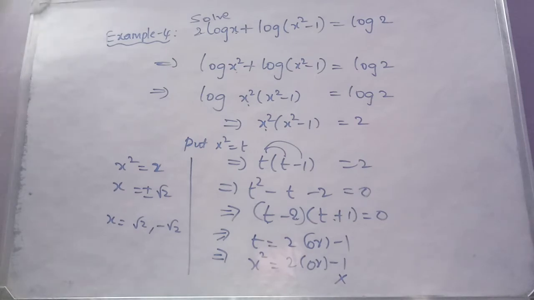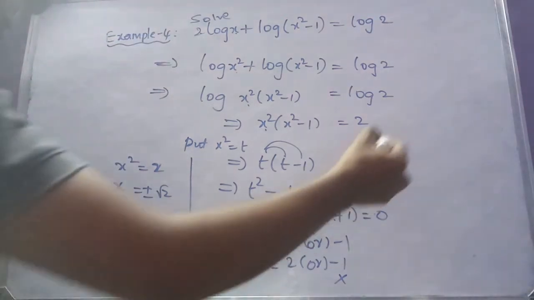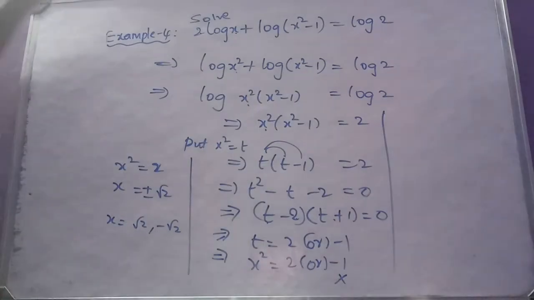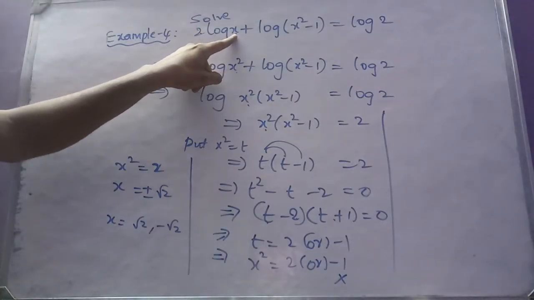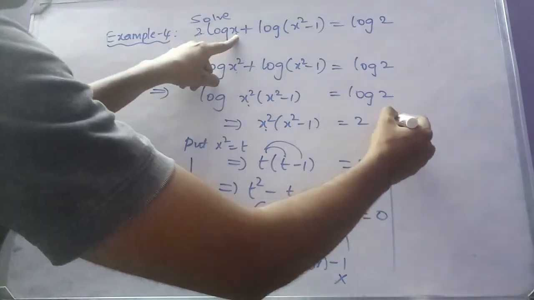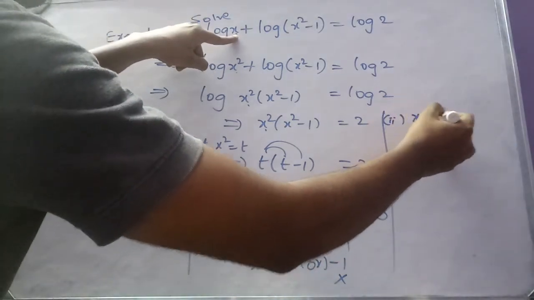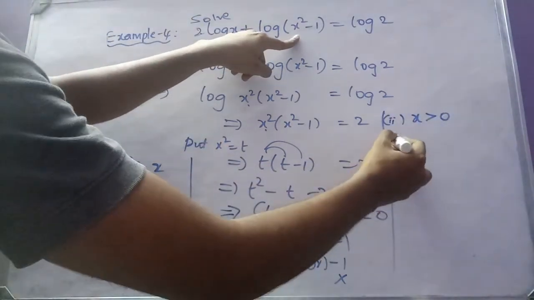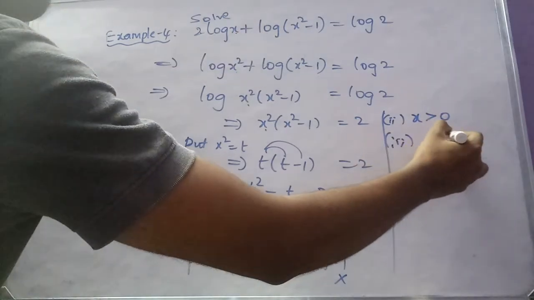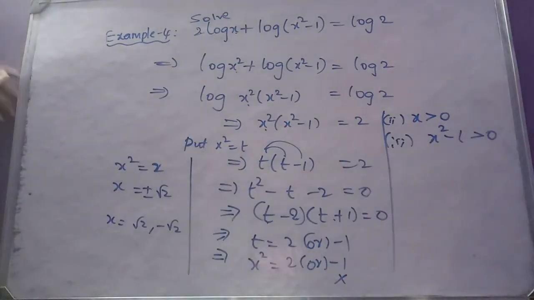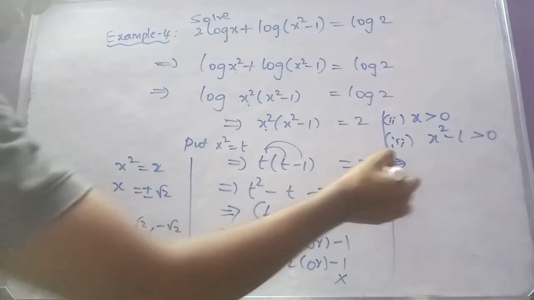But let us see whether both are the solutions of this equation or not. For that, we should also observe that this x must be positive, right? Log of x, so the x must be positive, and here this says that x square minus 1 is also positive.